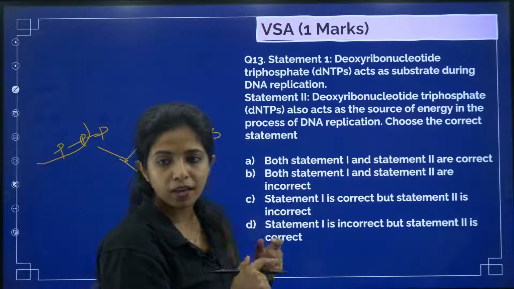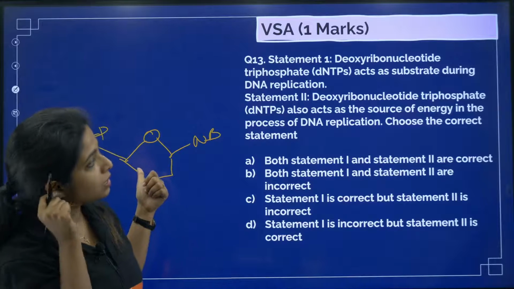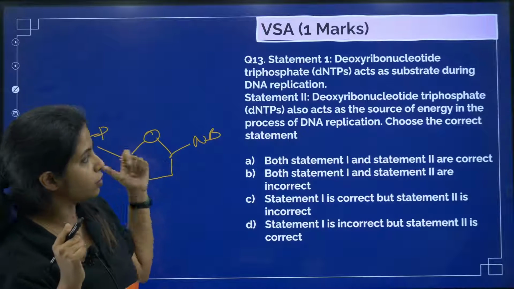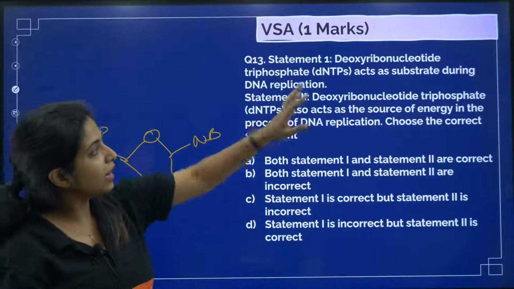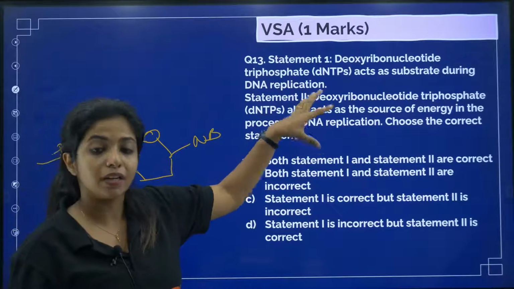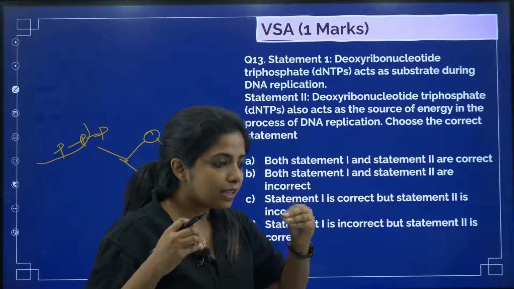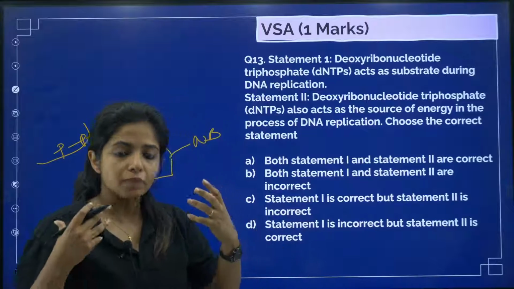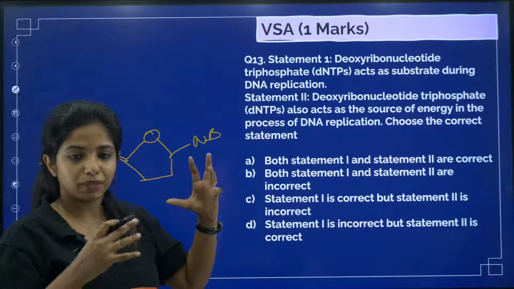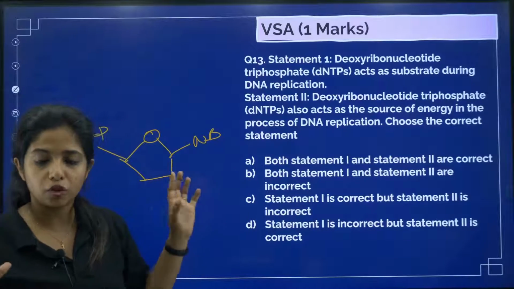That is how it works. You call this deoxyribose nucleotide triphosphate, with 3 phosphates. So it acts as a substrate during DNA replication, as in you are basically taking their help to make the DNA replicate.